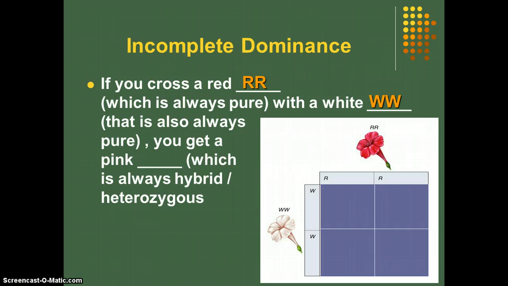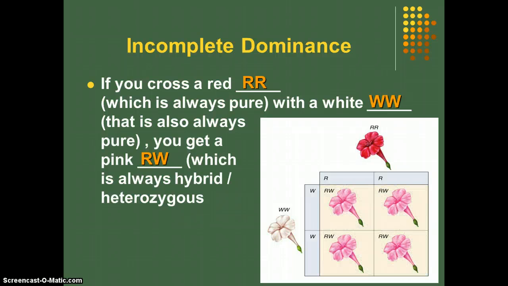So we can have different combinations of letters occurring here for your particular type of genotype. You don't necessarily need to use the same letters, although if you wanted to call the white purebred, in this case lowercase r, you could. And then just understand that anytime you get the heterozygous genotype, you're going to end up with a pink flower. So that is the beauty of incomplete dominance.